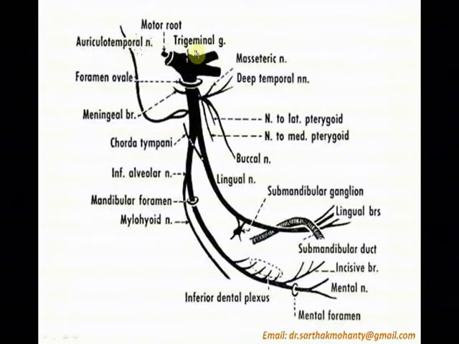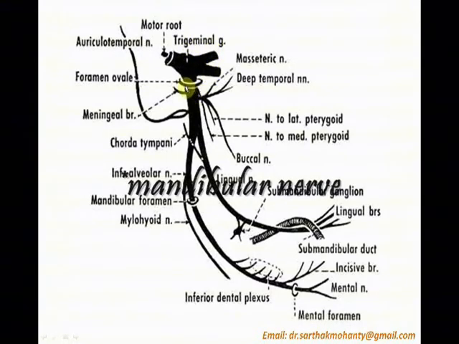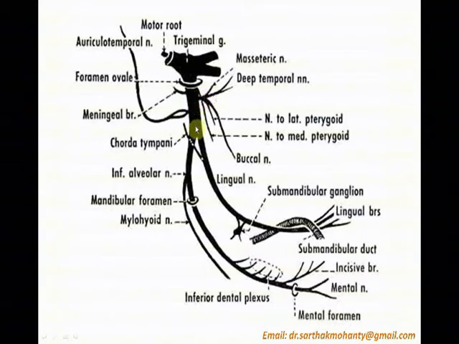So this is a nice picture showing all the divisions and branches of the mandibular nerve. Here the nerve enters the foramen ovale and comes out, gives a meningeal branch from the trunk and a nerve to medial pterygoid. So 2 nerves from the trunk. Then it divides into a small anterior division and a large posterior division.